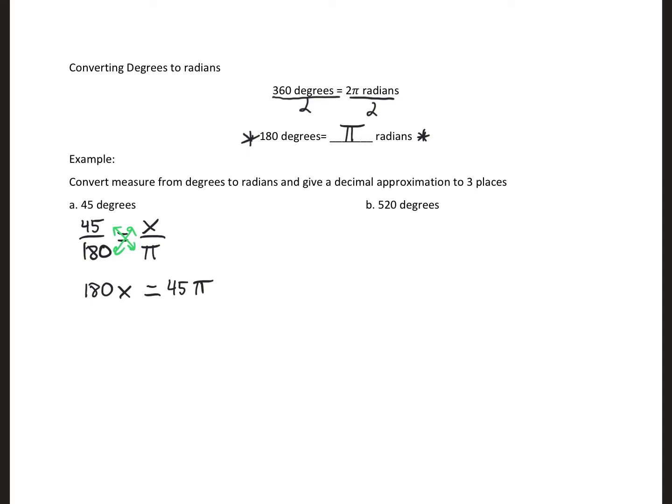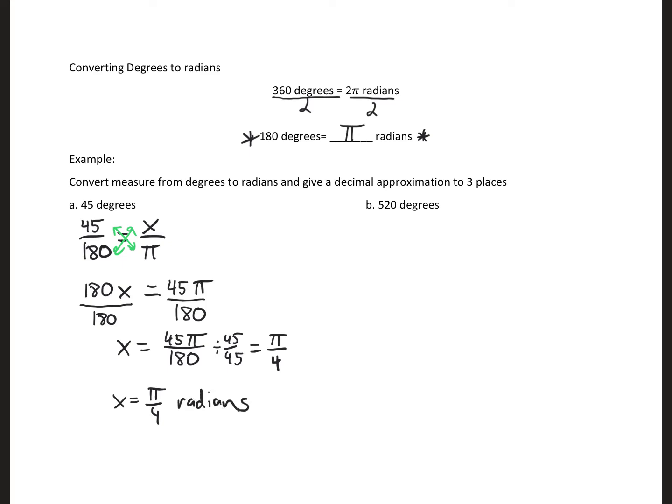To solve that for x, we would divide each side by 180. x equals 45 pi over 180. And if we wanted to simplify that, we can divide 45 and 180 both by 45. So we get pi over 4. That's pi over 4 radians.